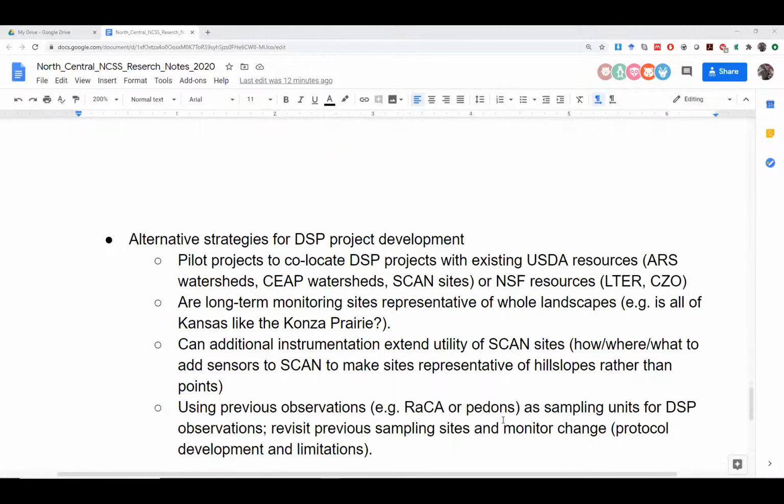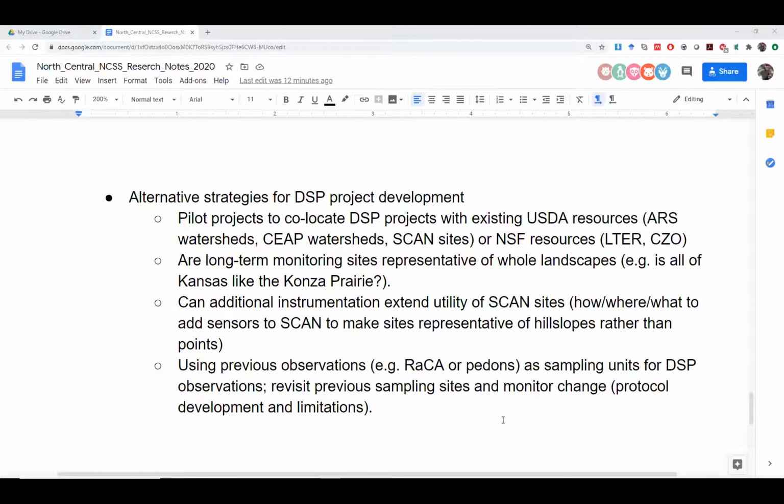And then one last section we talked about was alternative strategies for developing or validating DSP projects. And this was really related to the idea of, can we co-locate dynamic soil property projects with existing data resources that might aid in some of that four-dimensional data scaling.